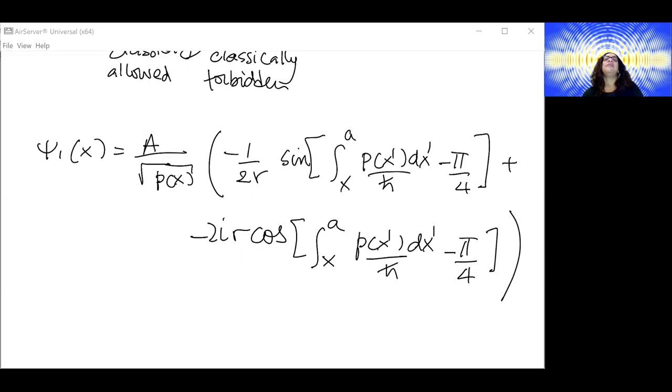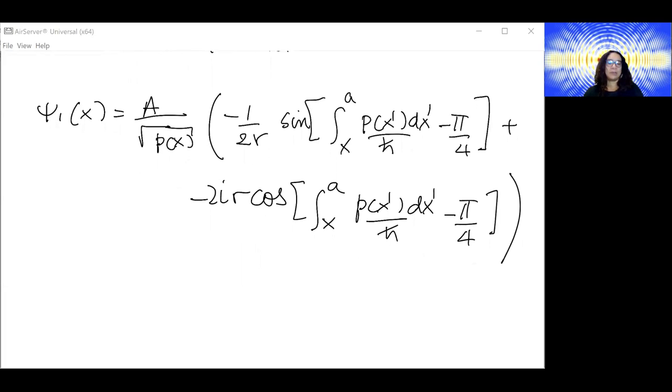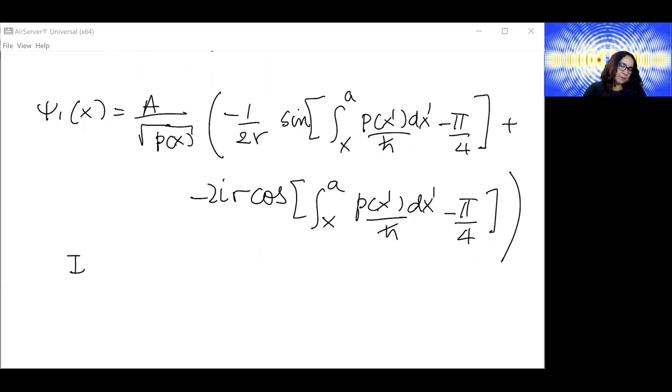And we do have traveling waves. So let's have a look at how this can be written. So let me write this in terms of traveling waves.